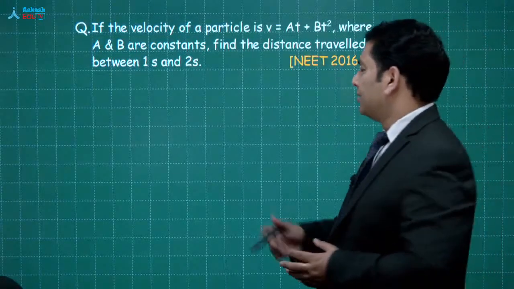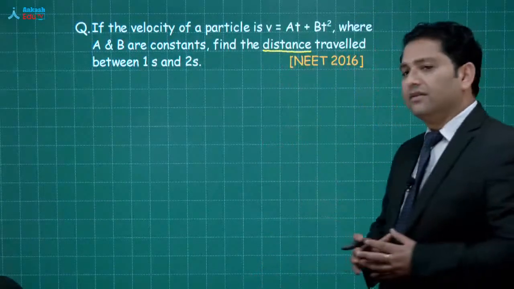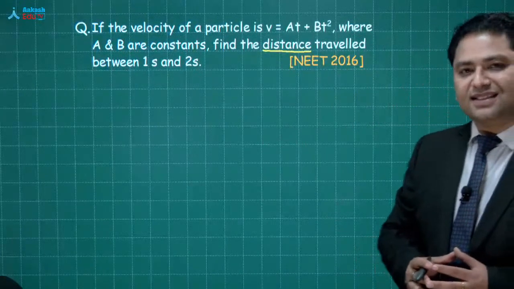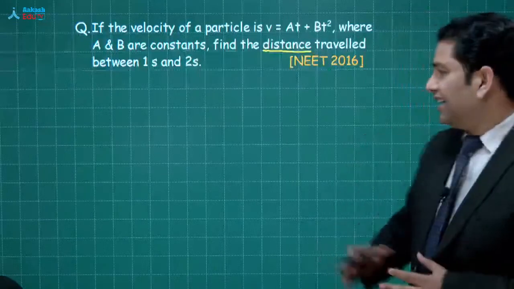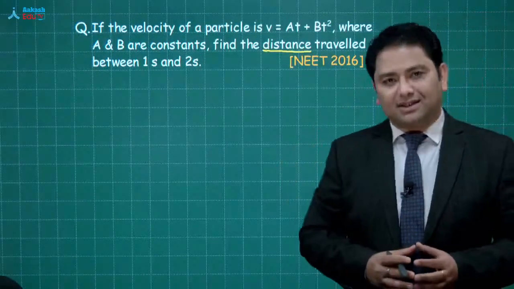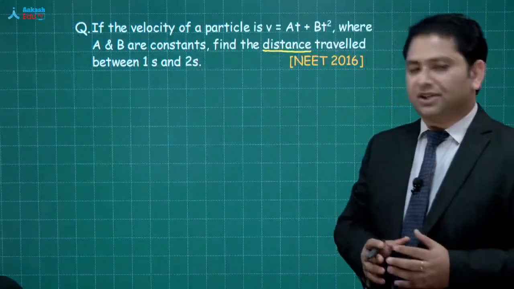And we have to calculate the distance, and the velocity is given. The distance traveled between 1 second and 2 seconds. And this had been asked once in NEET. You know, the purpose of giving such questions is that you would get the true idea of what sort of preparation you need to do.